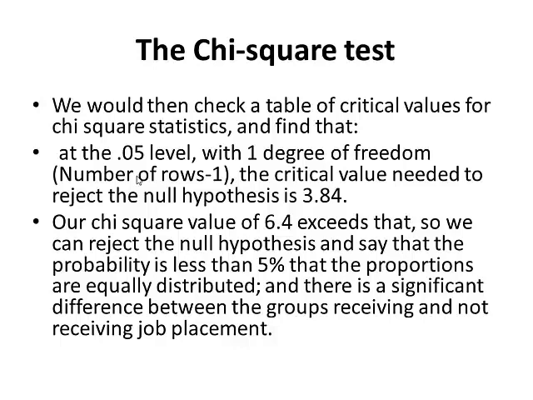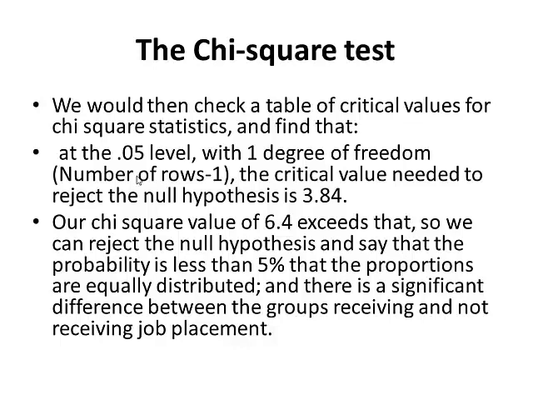We would look and find at the 0.05 level with 1 degree of freedom, and calculating the degrees of freedom is simply the number of rows minus 1. So in our example, we have 2 rows, and 2 minus 1 is 1, so we have 1 degree of freedom. At the 0.05 level, with 1 degree of freedom, the critical value needed to reject the null hypothesis is going to be 3.84, and we would find that in the table.